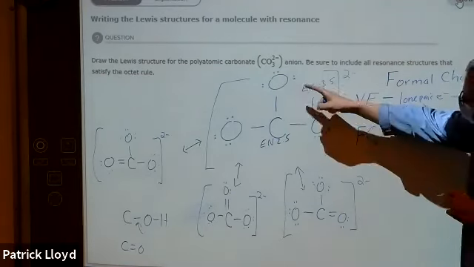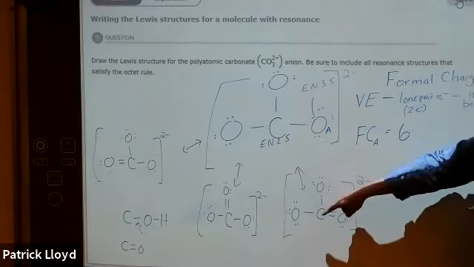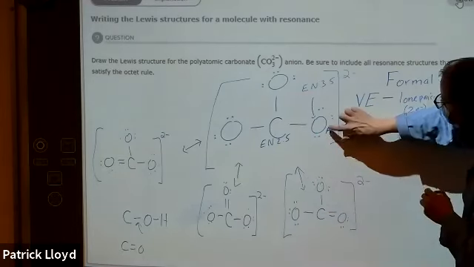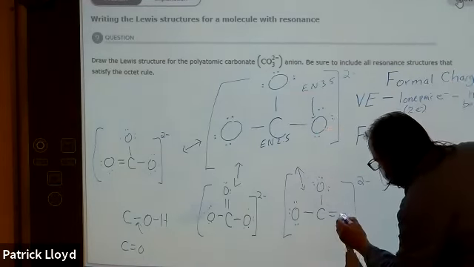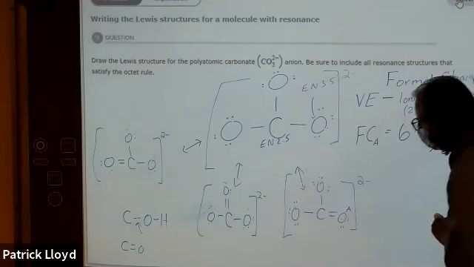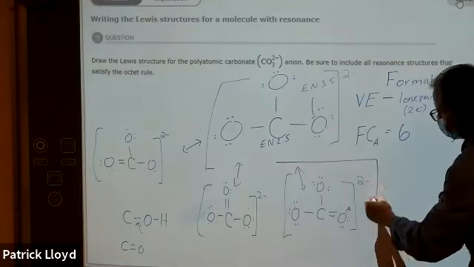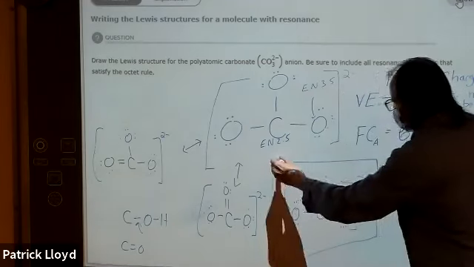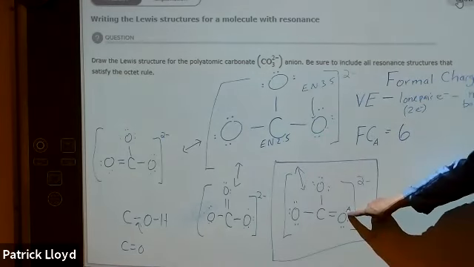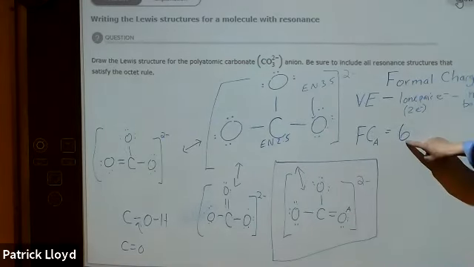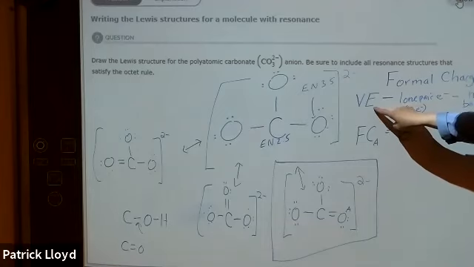Oh, I shouldn't do this one up here, right? I should do one of the final structures. So let me do this. Put A over here. I'm just going to do this one right here. Okay. So here's oxygen.